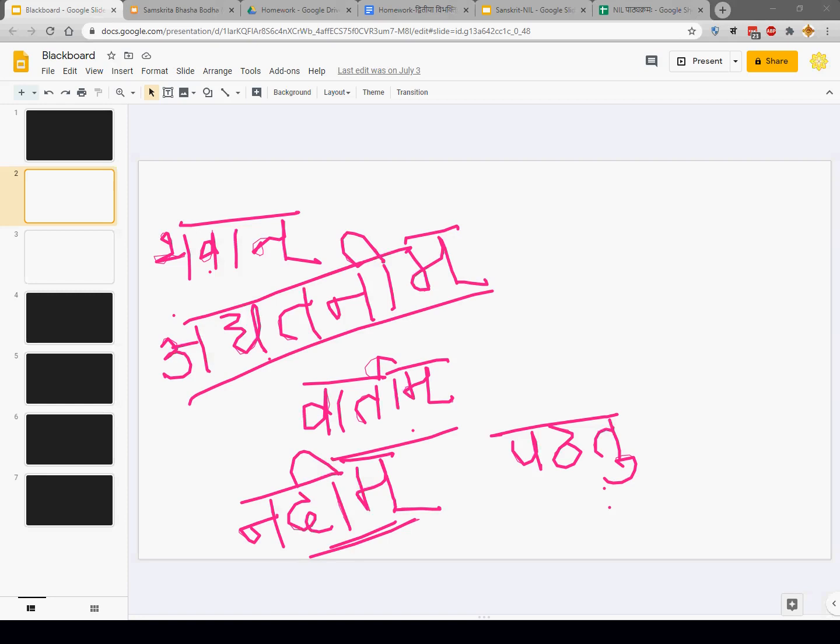So this is something you need to be aware of. If you want to use the word separately as an adjective, they have to be in the same lingam, that is gender, vachanam, number, and vibhakti, case ending. All three factors should be the same as the word they are describing.